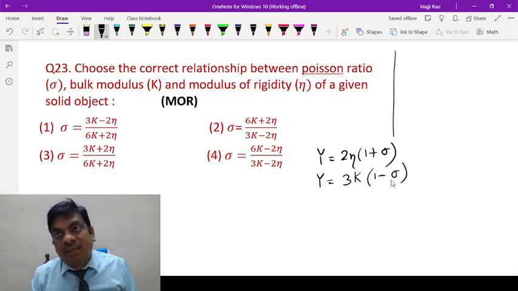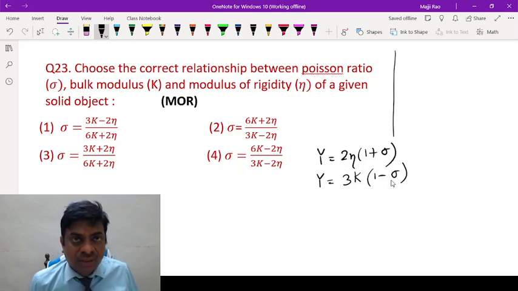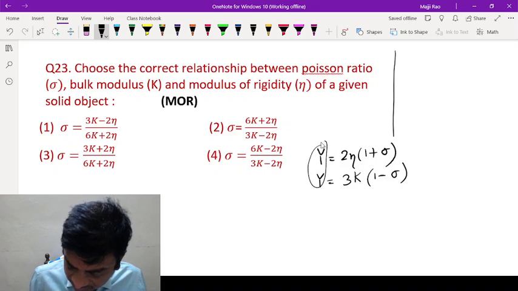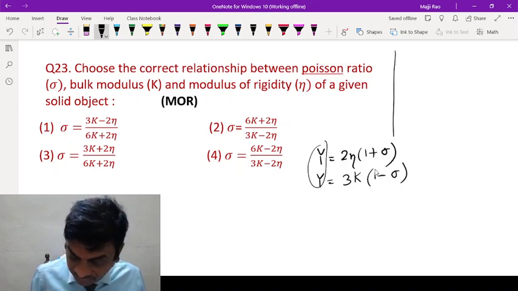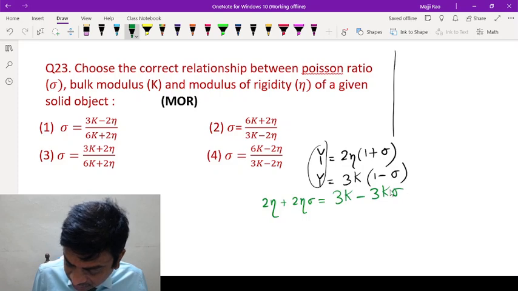These formulas you can obtain in some standard books, and in engineering college books it's very commonly available. So we can eliminate Y to express sigma in terms of eta and k. So if we equate them, you have 2 eta plus 2 eta sigma is equal to 3k minus 3k sigma.